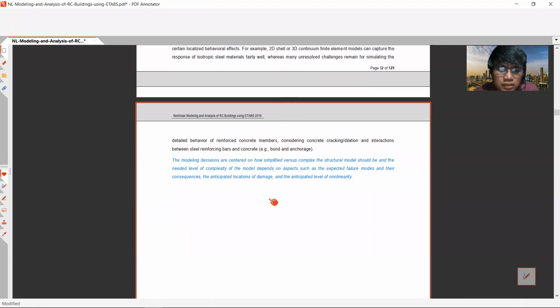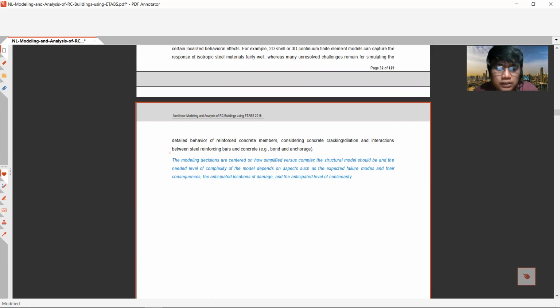Okay, so the modeling decisions are centered on how simplified versus how complex the structural model should be. And the needed level of complexity of the model depends also on aspects such as the expected failure modes and their consequences, and the anticipated location of damage and the anticipated level of nonlinearity.